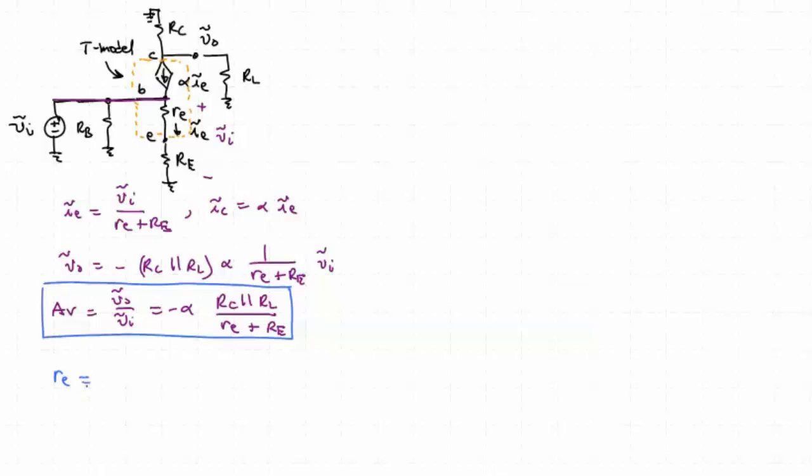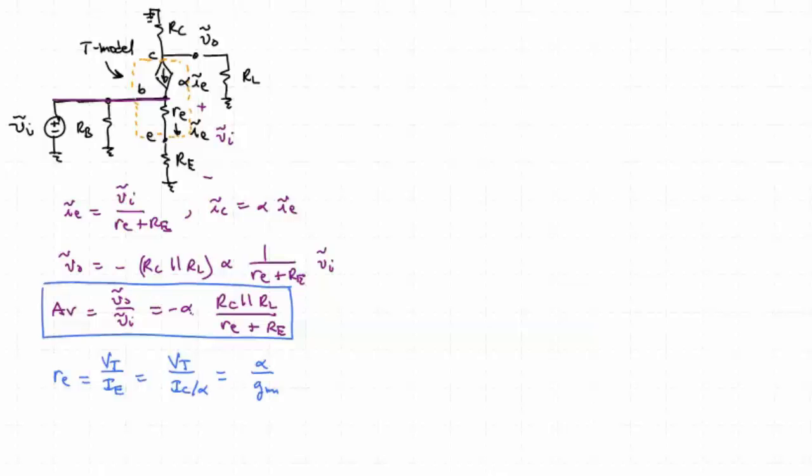You can always remember this as the thermal voltage divided by the DC current flowing through that leg, so it's IE, which is equal to V thermal over IC divided by alpha, and that is nothing more than alpha over GM. So essentially we have the same thing, and alpha is about 1. So this expression for voltage gain is essentially the same as what we had for the MOSFET.